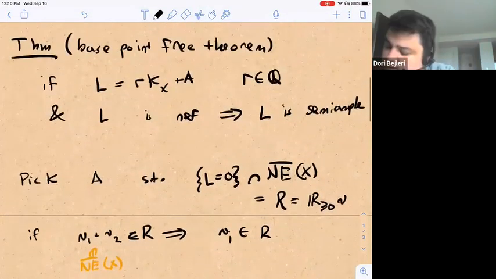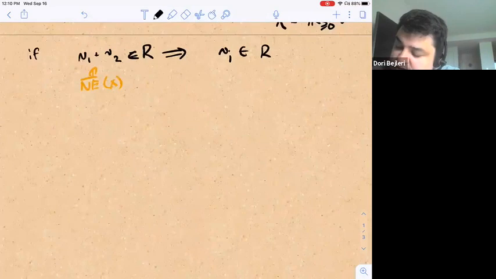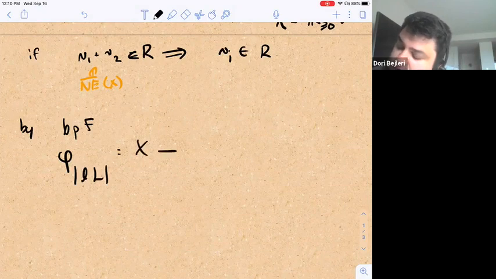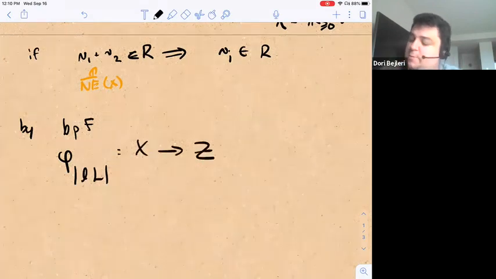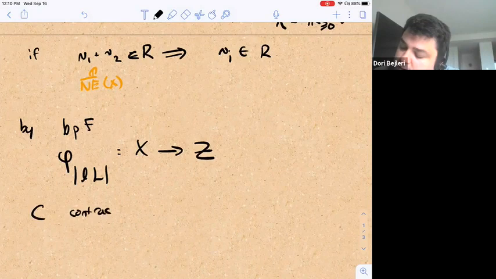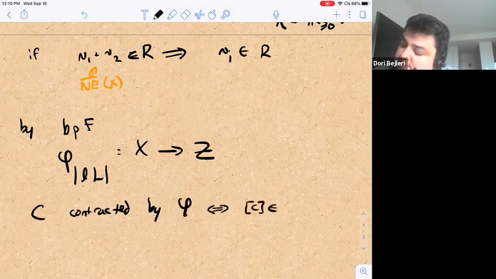So now for this L, by the base point freeness theorem, we get some morphism, for some large enough multiple of this L, from our surface X to Z. Because this is a base point free linear series, then we know that a curve C is contracted by phi if and only if the numerical class of C is in this ray.